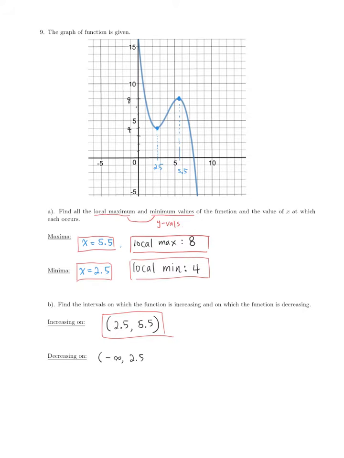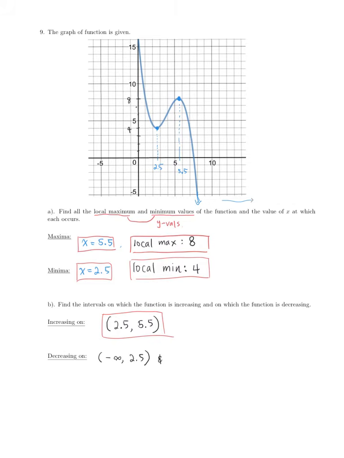That's decreasing, right? And from 5.5 all the way up to, remember, you're looking for the x value. So yes, the y value on the tail end over here is going to negative infinity, but the x value is going to go to positive infinity.